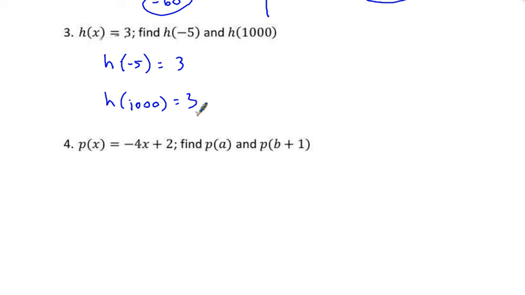Or any x value I substitute in to this function, I'm going to get an output of 3. Let's think about this graphically. It is going to be a horizontal line through the y value of 3. Y equals 3. It does not matter what x is, the answer or the output is always going to be 3.